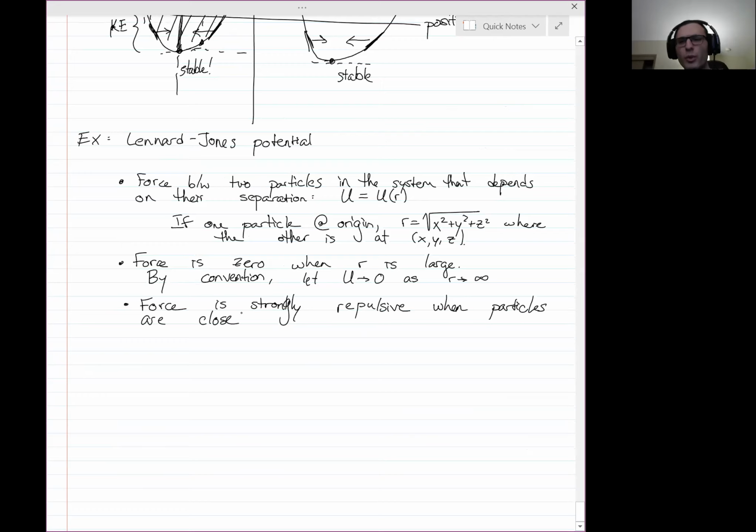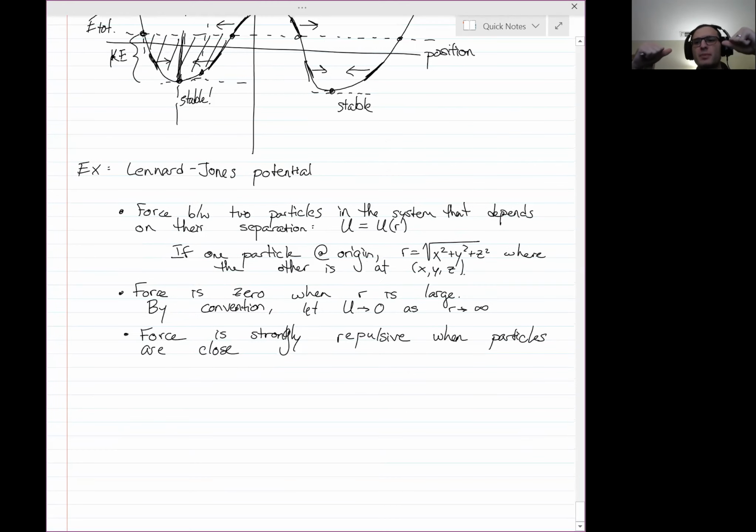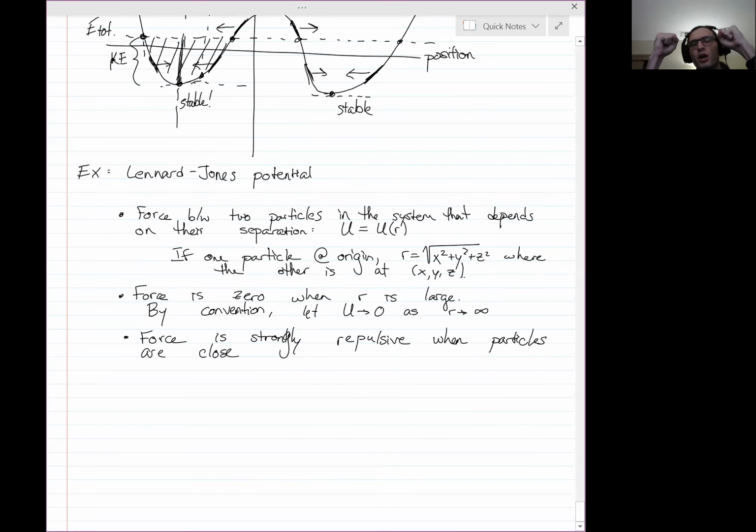One way to think about this effect is to think of them as two hard balls. If they get too close, they'll bounce off each other because they can't pass through each other. So there's a very strong repulsive effect if they get too close.